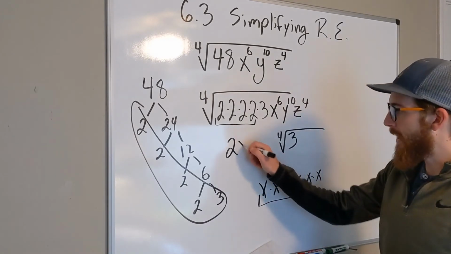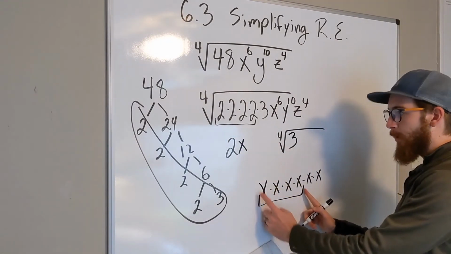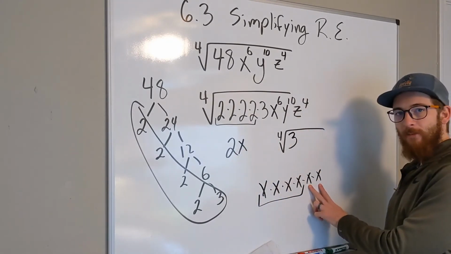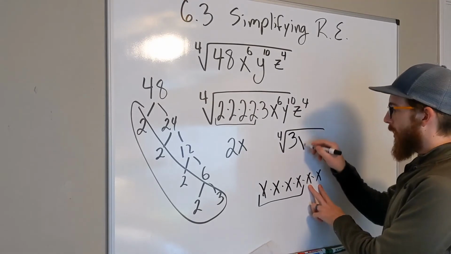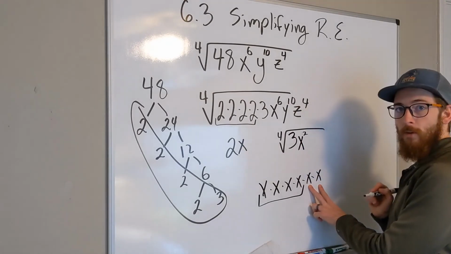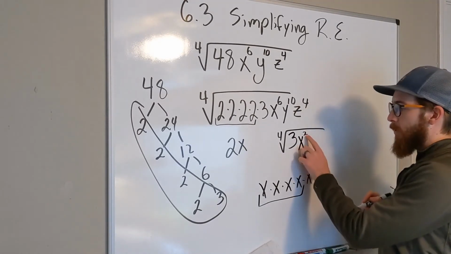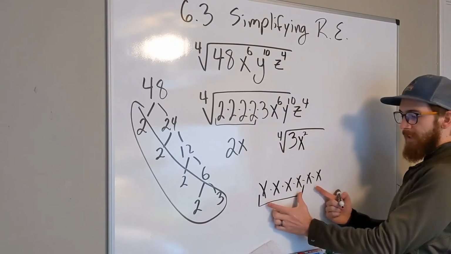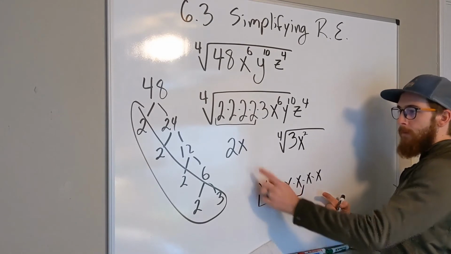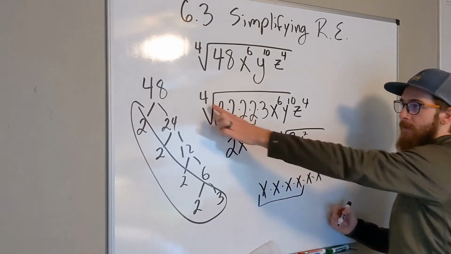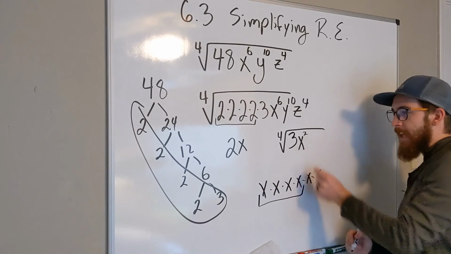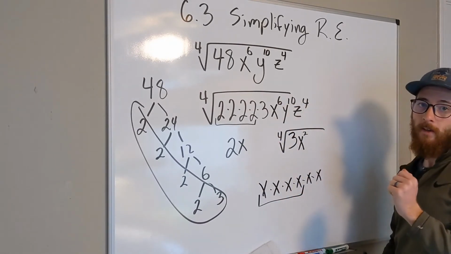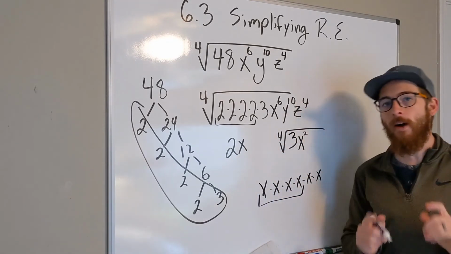Okay, so because there's one group of 4, one x moves outside. How many x's are left? 2, so x squared. So because there are 6, 4, 1 moves outside because of fourth root. 2 stay in. What's 4 plus 2? 6.